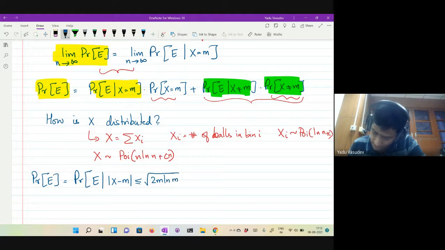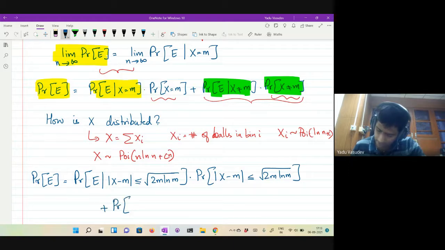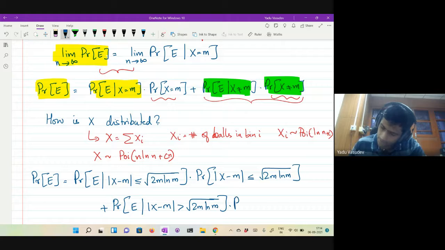These are just parameters to make the calculations go through, so you don't need to worry about this for now. Times the probability that X minus M is less than or equal to square root 2m ln m, plus the probability of E given that X minus M is greater than square root 2m ln m, times the probability that X minus M is greater than square root 2m ln m.